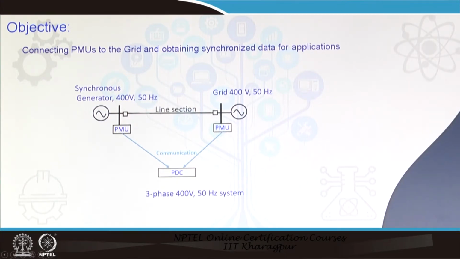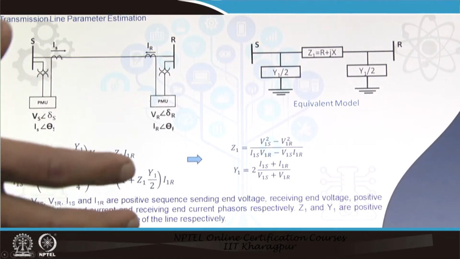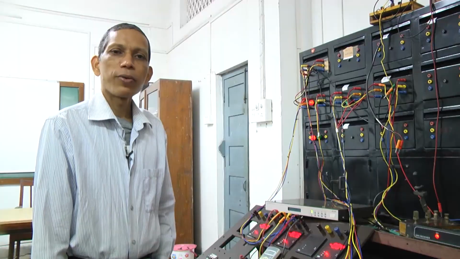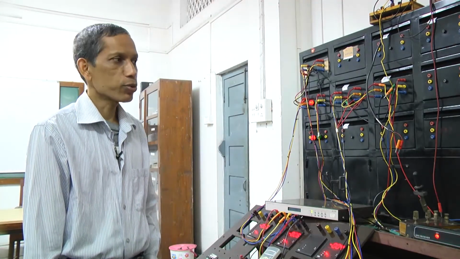As we know, the PMU provides timestamped synchrophasor data including frequency and the sequence voltages and currents, and that will be obtained from these two PMUs for the experimental setup. Now, we will go to the demonstration part and obtain the data, and then we will proceed to verify the corresponding things. Now, we will see the experimental setup with the PMUs.